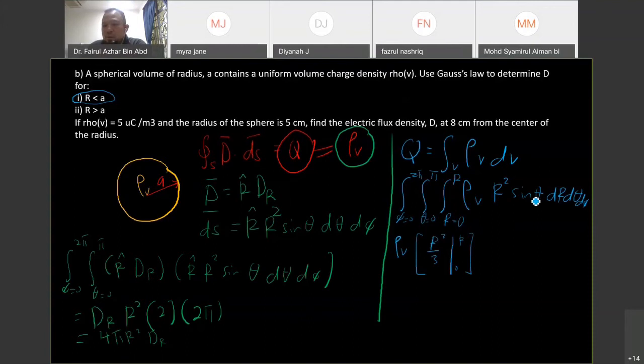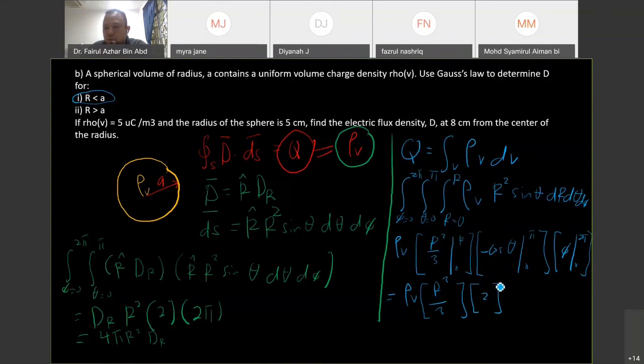The integration of sine theta gives minus cos theta, with limit from 0 until pi, which is equal to 2.